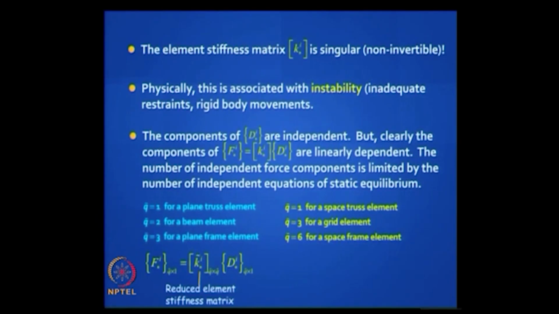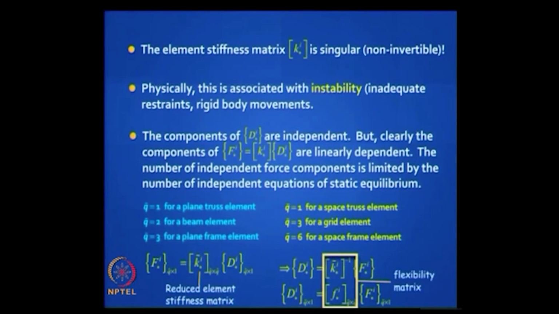This has an inverse, and that inverse is called the flexibility matrix of the same size. So it is beautiful, that is why it is good to look at the reduced element and flexibility in one go, because the size of all the matrices are identical. Does it make sense? Okay, next.